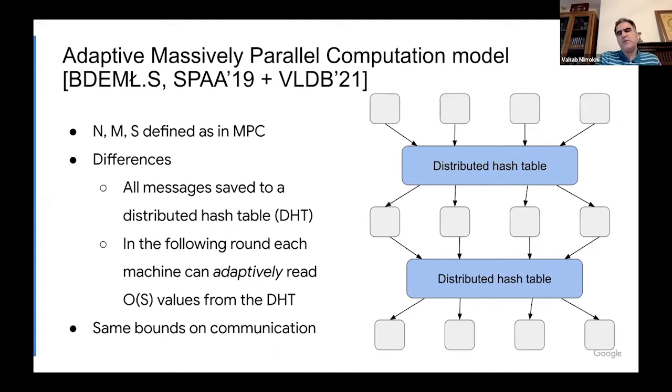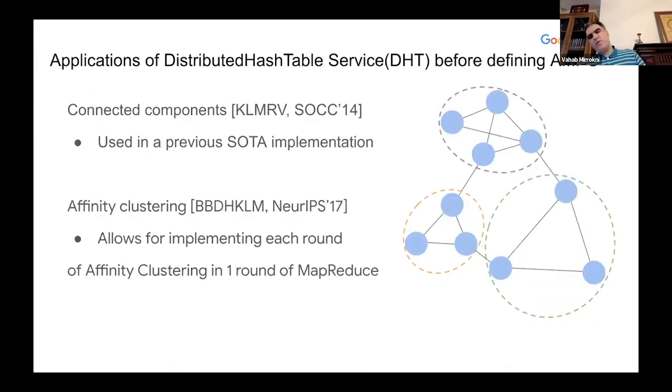Before telling you about the theoretical results on the distributed hash table service model, let me emphasize that before developing the AMPC model, we developed several tools, for example, for solving connected components, and for solving what we call hierarchical clustering or affinity clustering. We had techniques to use the distributed hash table service to solve these problems very efficiently, and this inspired us to put a computation model on top of it.